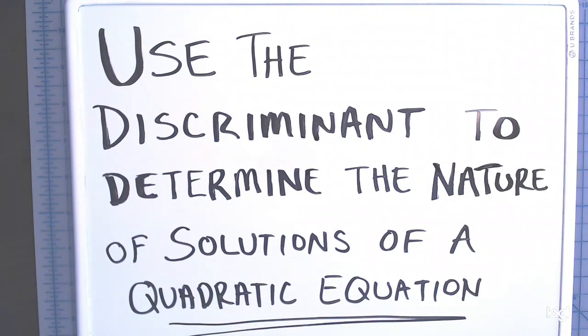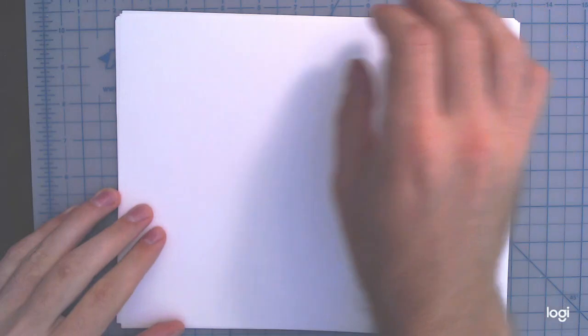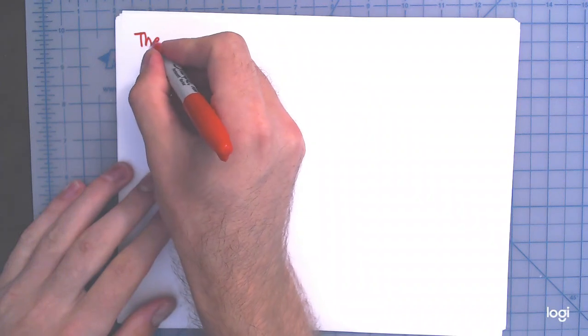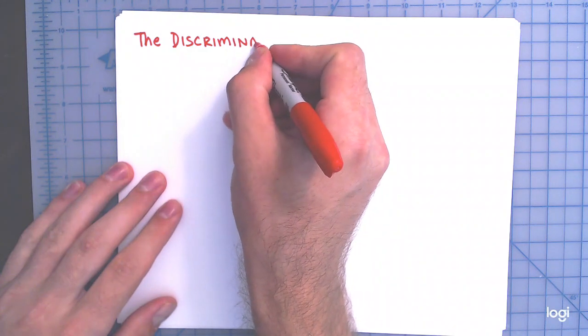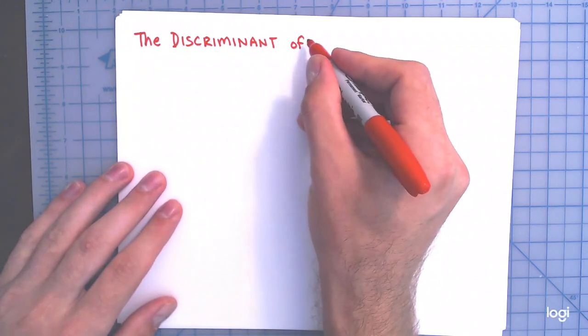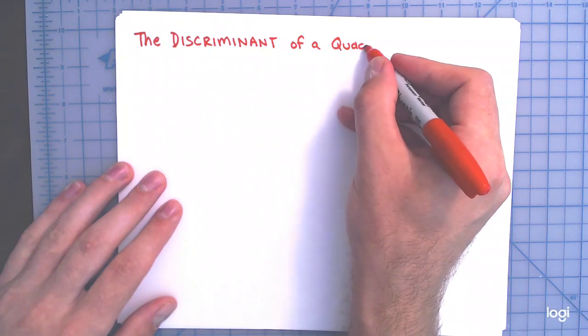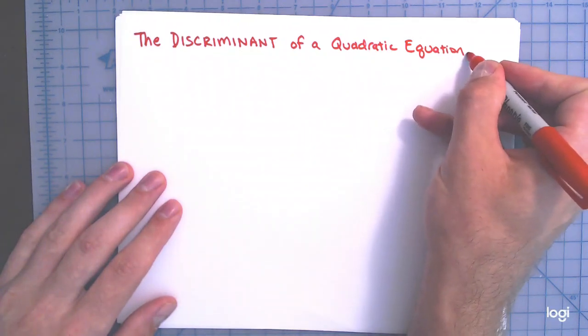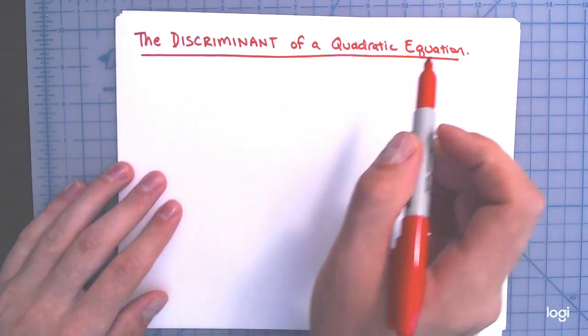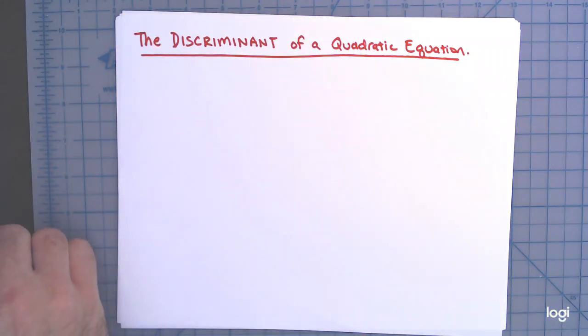So I'll begin by describing this discriminant. Suppose we're given a quadratic equation in standard form.